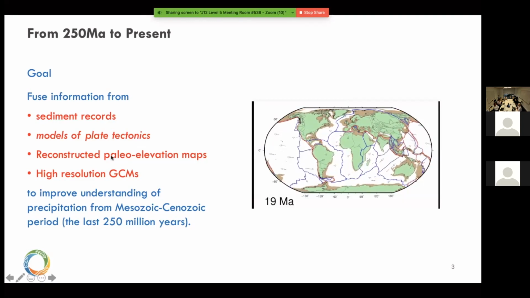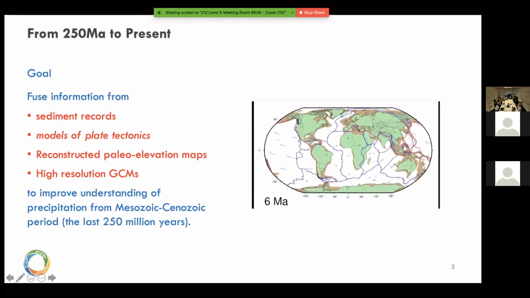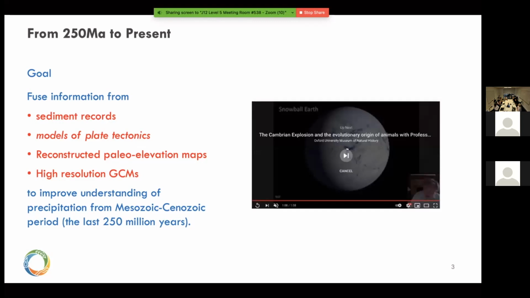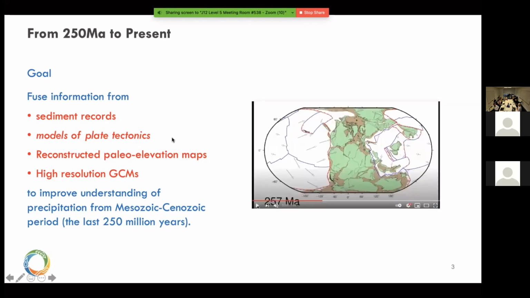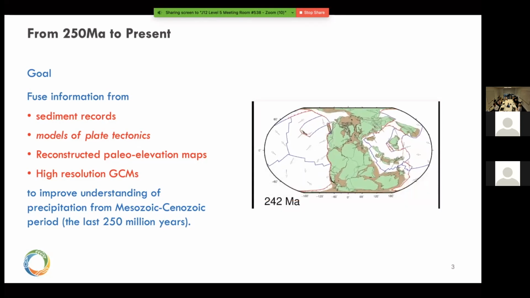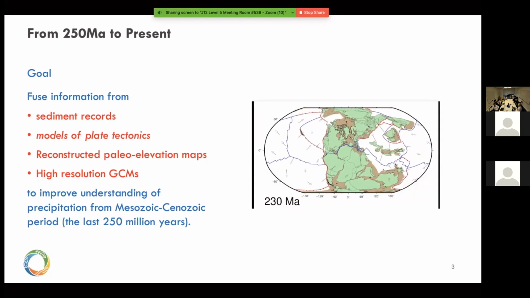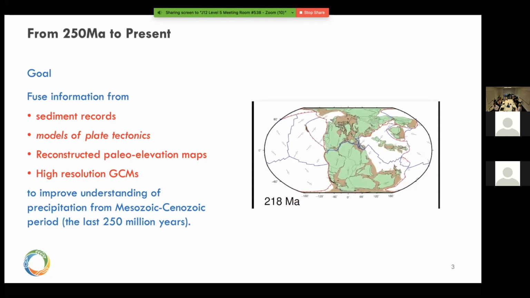So if you build this spatial-temporal model of precipitation, it would be very important to georeference these sediment records back in time. Yes, exactly. You've got to take into account that the sediment records are shifting, and that they belong to a particular plate.